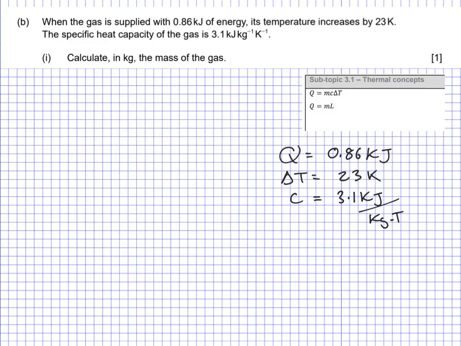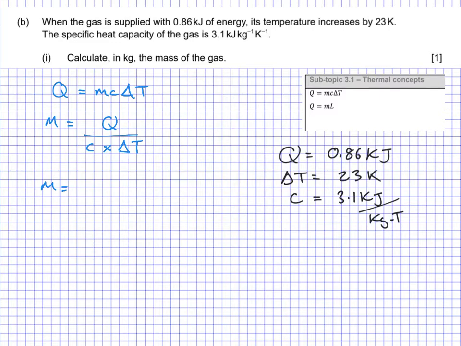Now it's just a case of plugging it into our formula. So let's go ahead and do that. The formula that I'm going to use is mcΔT, and I'm trying to find the mass. So the mass here, of course, is going to be Q over c times the change in temperature. So let's do this, just keeping track of all of our units.